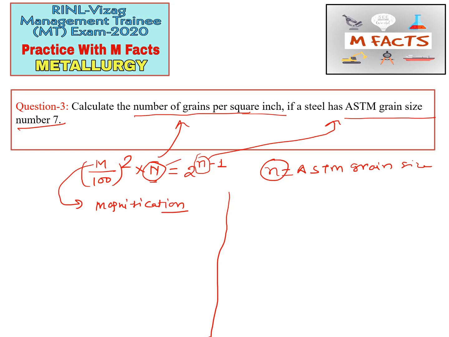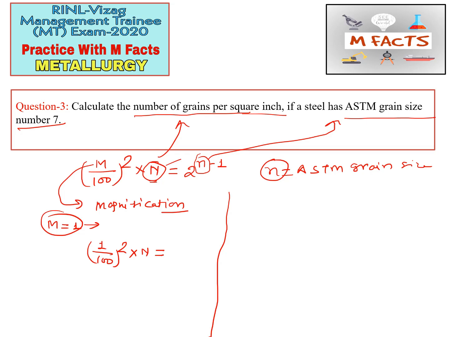Whenever in this type of question the magnification is not given, we will take the M value as 1 for the solution purpose. In this question we are not given the magnification, so we take M equals 1. So (1/100)² and we need to find the N value.